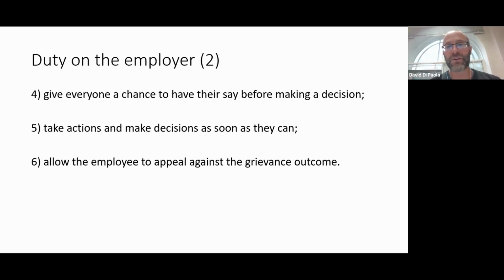Everyone should have a chance to have their say before a decision is made. This is particularly important in cases where you have an employee who is upset about their line manager's behaviour. When you're investigating the grievance fairly, you need to speak to the person who's raised the grievance, but equally, you need to speak to the line manager and get their take on it as well.